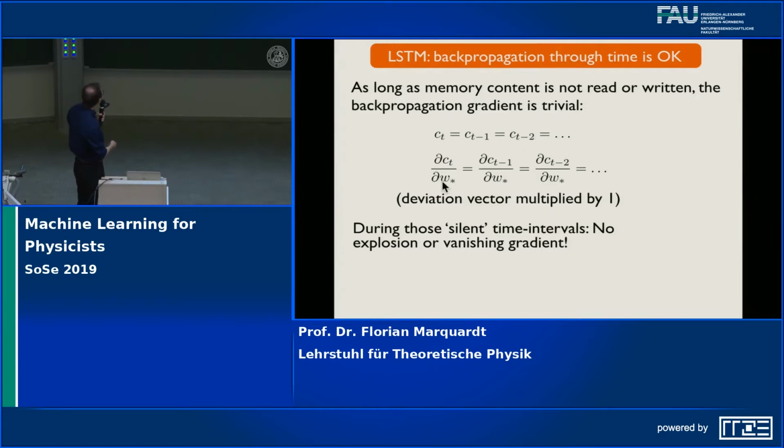So if I now take a gradient with respect to any parameter, like some weight somewhere in the network, then these gradients are all the same. In other words, I'm just multiplying by a factor of 1. Where I had previously this ominous matrix M, which could then lead as a factor to explosion, I just multiply by 1. And so this is what helps in this game.